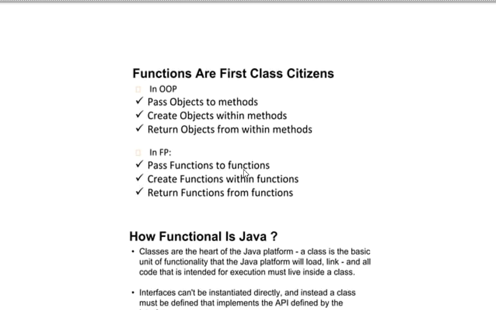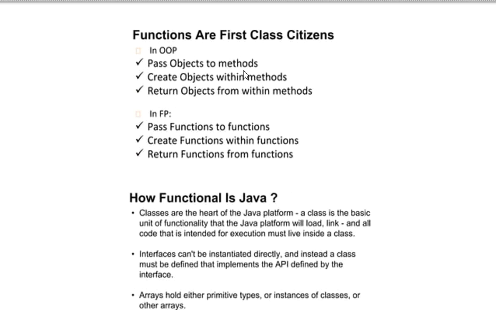When we mention functions are first class citizens, let's look at the difference between OOP and functional programming, the way of writing code or creating applications.